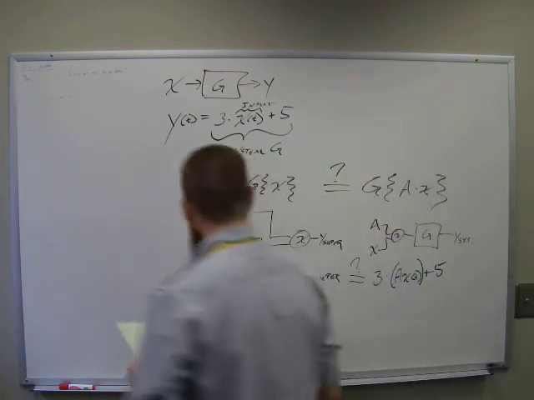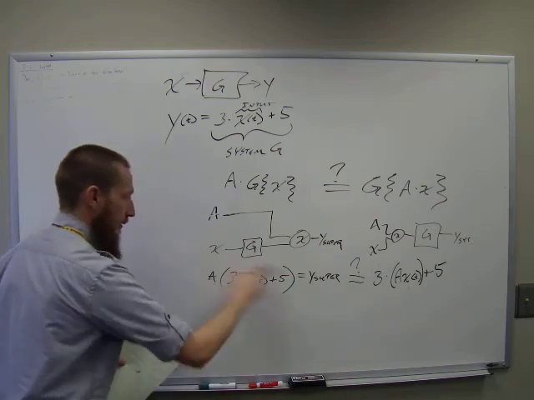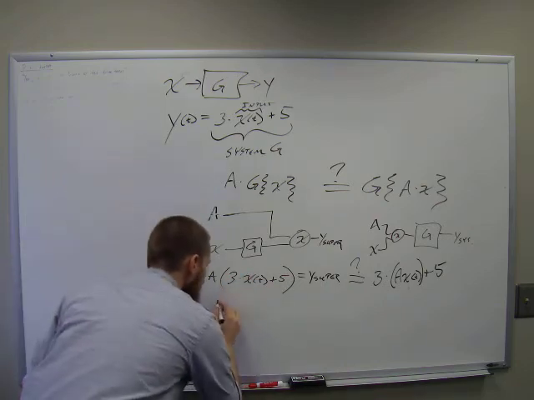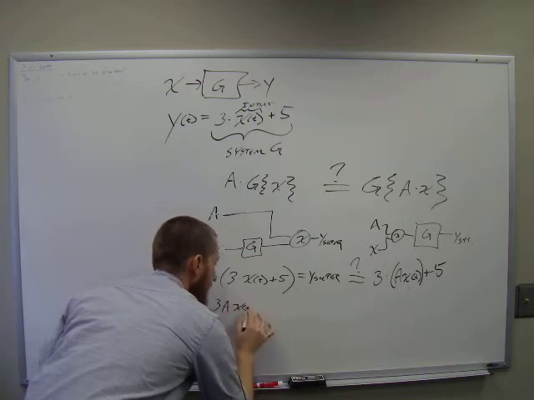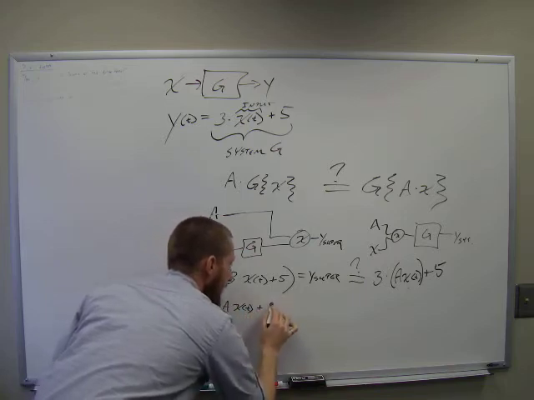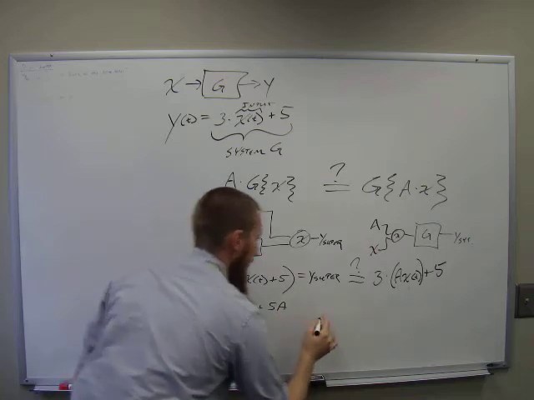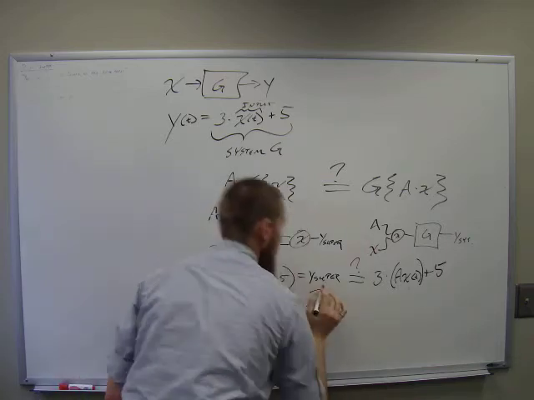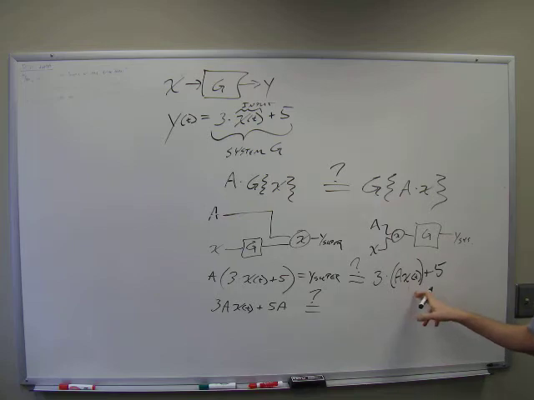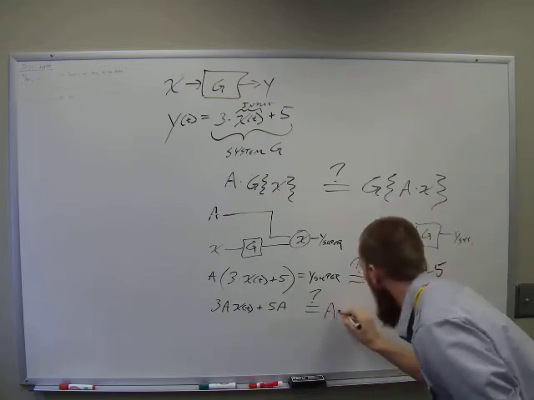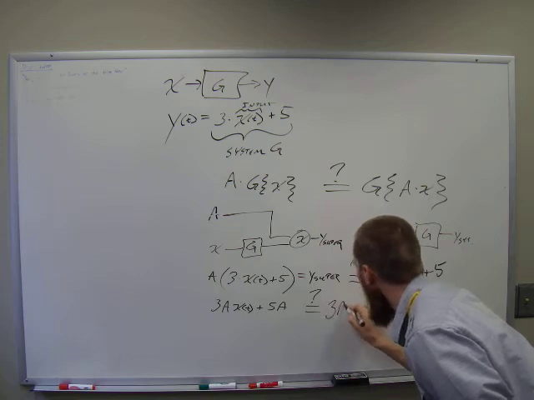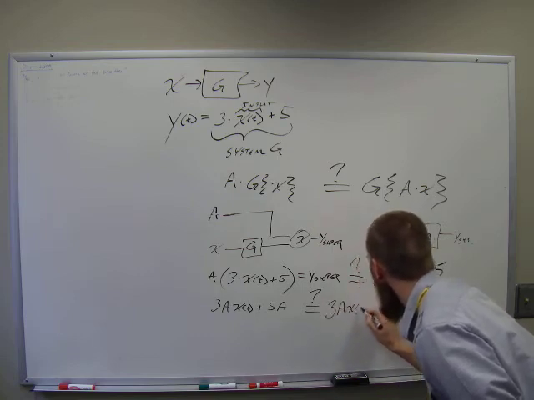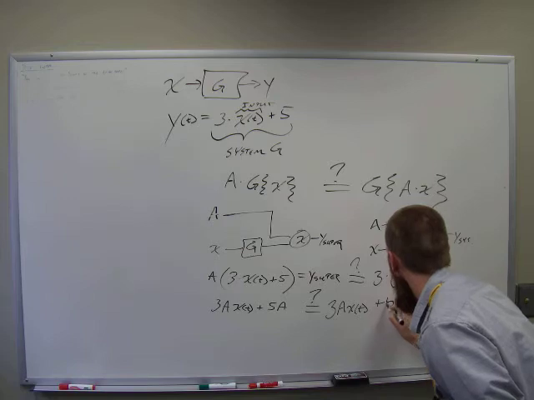Alright, now let's solve this out. The A gets distributed inside the parentheses, so we get 3A x of t plus 5A. And is that equal to A, or 3A, let's keep it in the same format, 3A x of t plus 5?